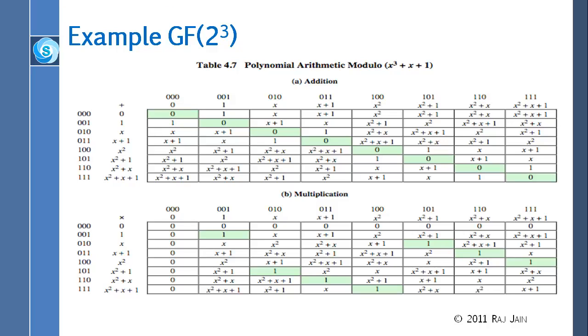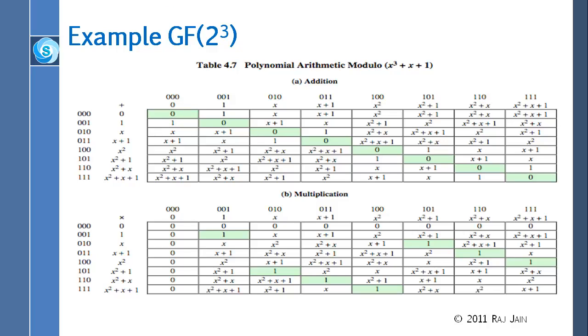You have to subtract this quantity from this to bring it down below x raised to 3. So this is x raised to 4 plus x squared plus x. You subtract that and you get x. This cancels out, this cancels out. So that's the multiplication of those two. We got an x there.